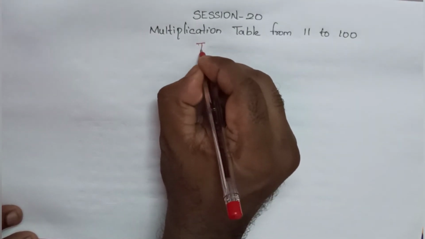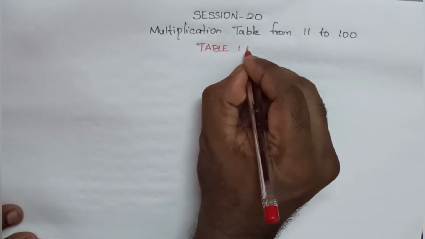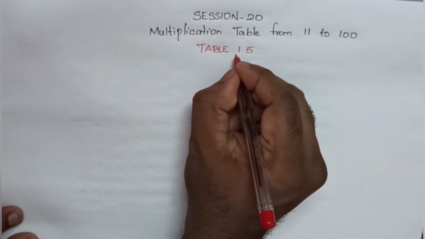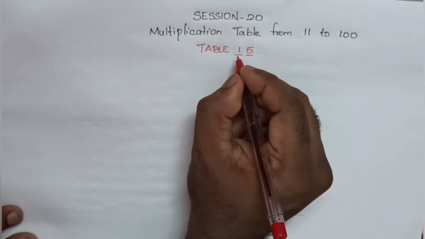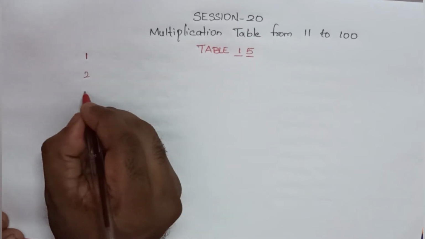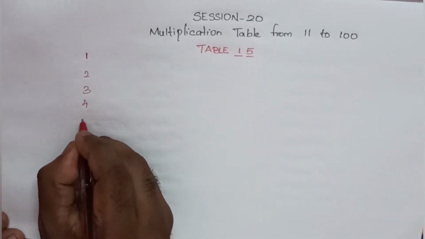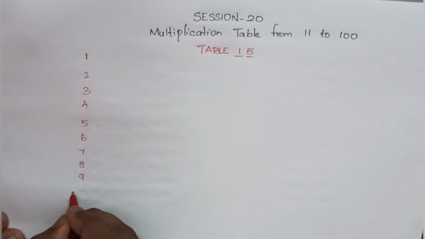Let me show the table 15 now. For table 15 you have to write table 1 and write table 5 and then join it. So table 1: 1, 2, 3, 4, 5, 6, 7, 8, 9, 10, like this.